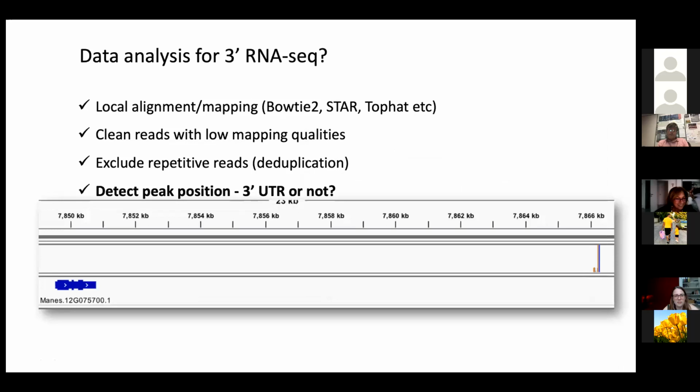Here we have a case where our peak is far away from any kind of a gene, way outside of an annotation, in this case about 15 kb. We don't know whether this is an artifact, or whether it belongs to another gene.